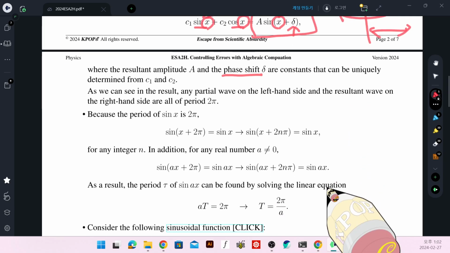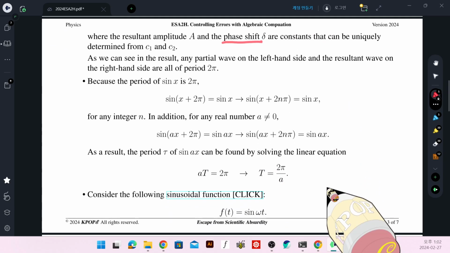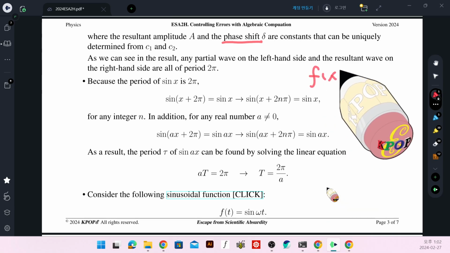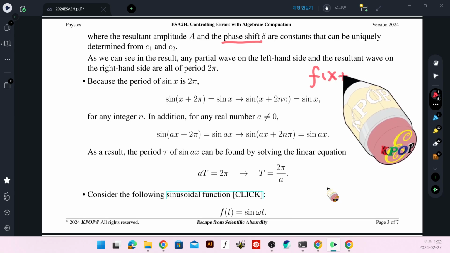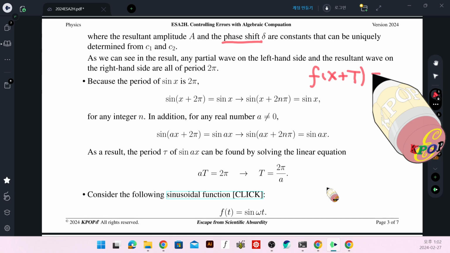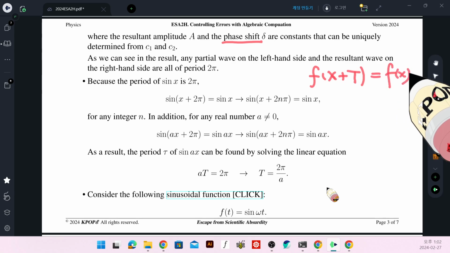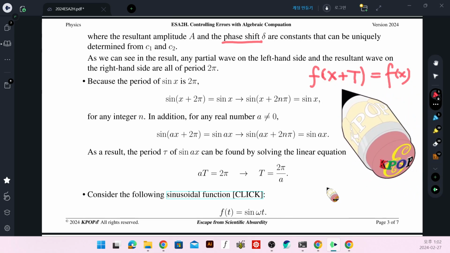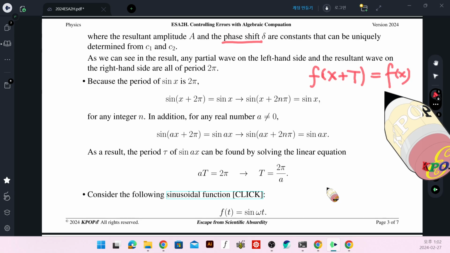Let's see what the period is. A function is periodic if I substitute some period, the value of the function is the same, invariant. So that means it has a translational symmetry.